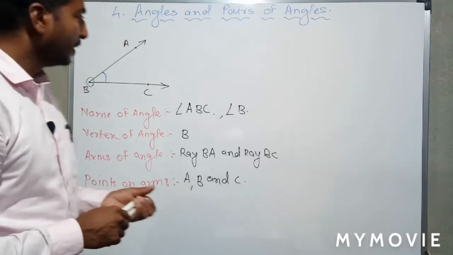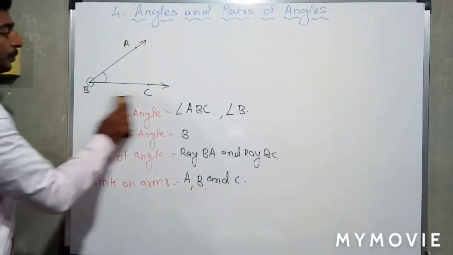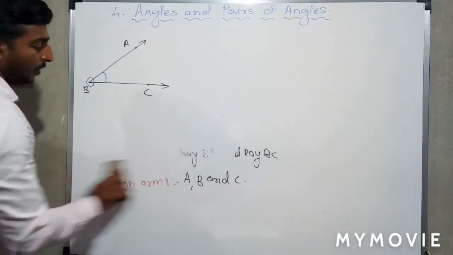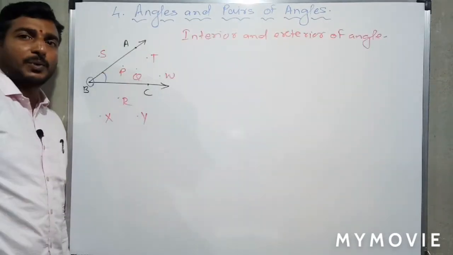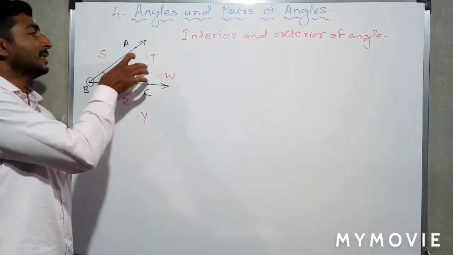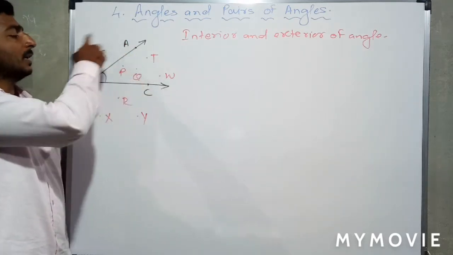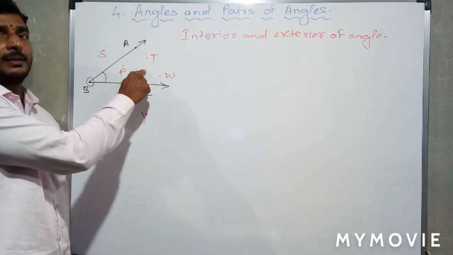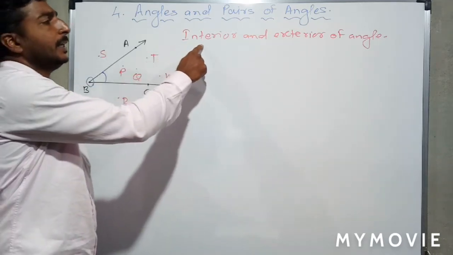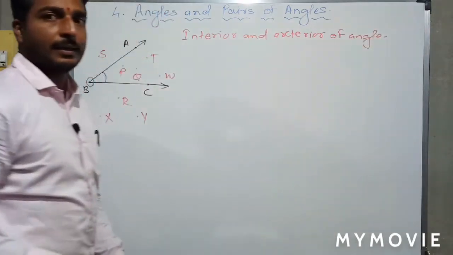Now we are going to learn about the interior and exterior of an angle. Here I have drawn some points. Some points are inside the angle and some points are outside the angle. The points which are inside the angle are called the interior of the angle.